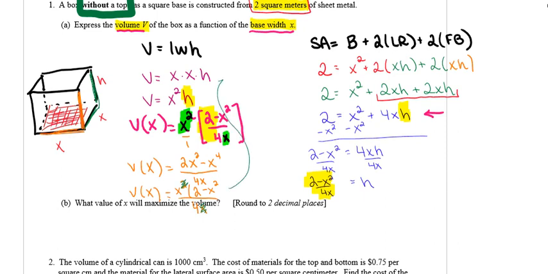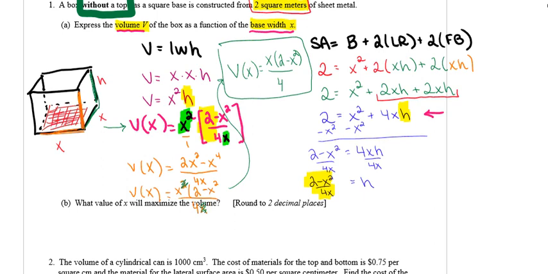And what I end up with at the end of the day is volume equal to x times 2 minus x over 4. I think that should be a 2 minus x squared. All right, so moral of the story, it's easier to simplify at the beginning than at the end. But if you don't simplify until the end, you'll still end up with the same answer.